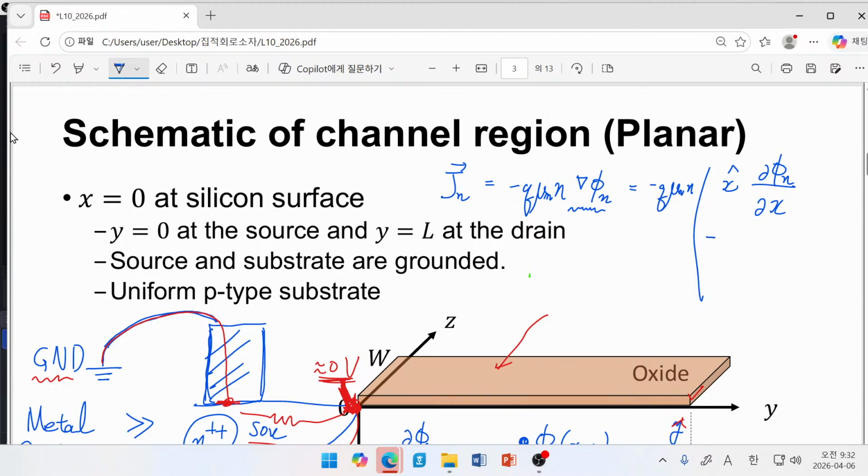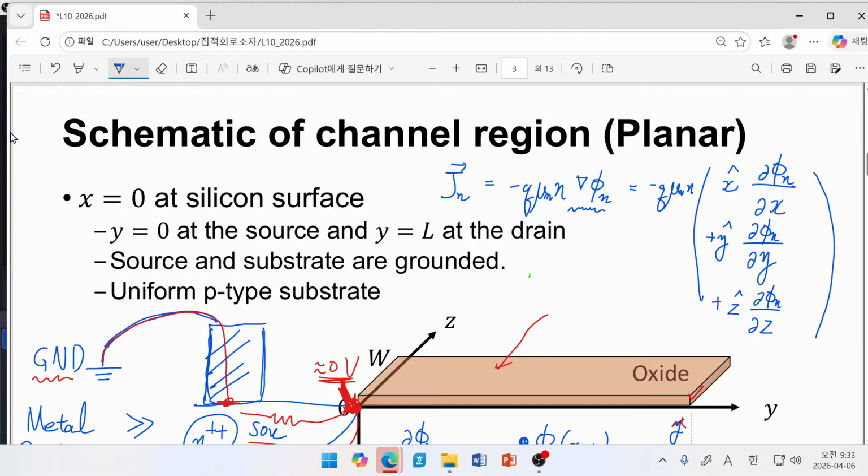And now we have the y directional unit vector and partial derivative with respect to the y-axis. I'm just writing down the definition of the gradient operator. And if I go further, then of course we have the z-directional unit vector, which is multiplied by the z-directional partial derivative. That is the general form for our gradient of electron quasi-Fermi potential.